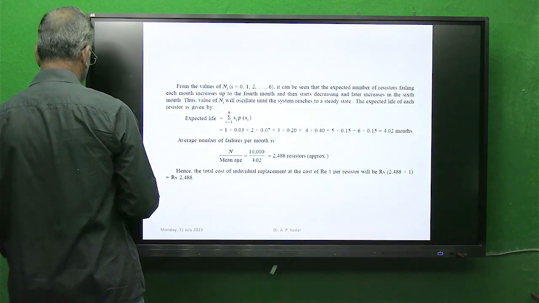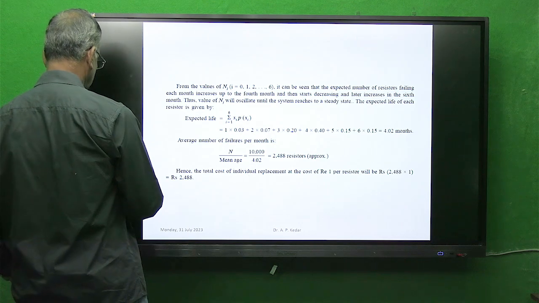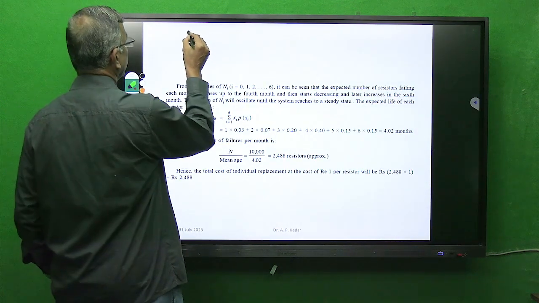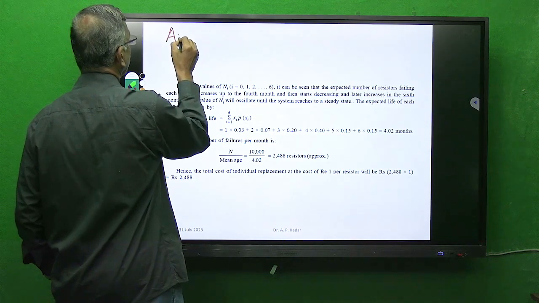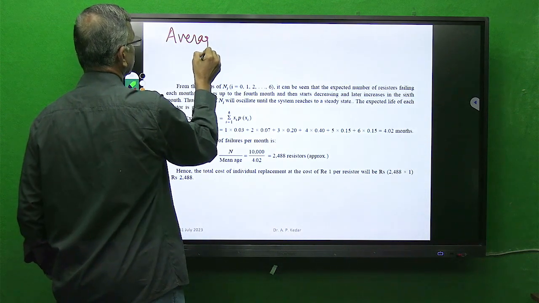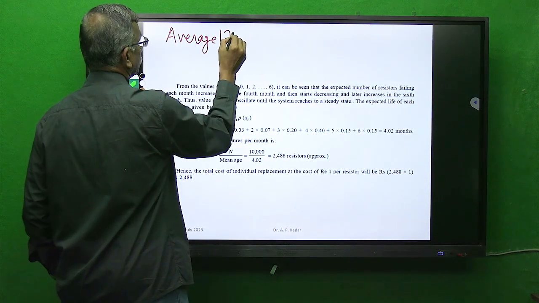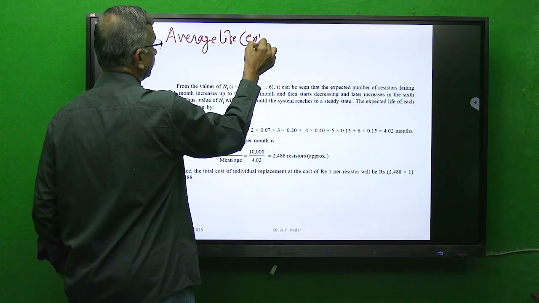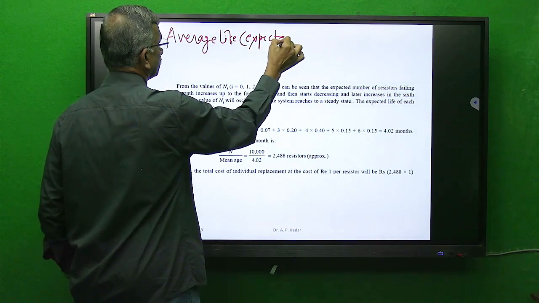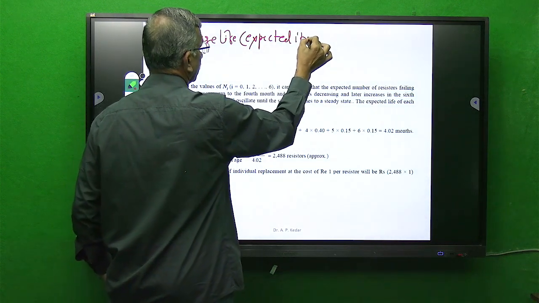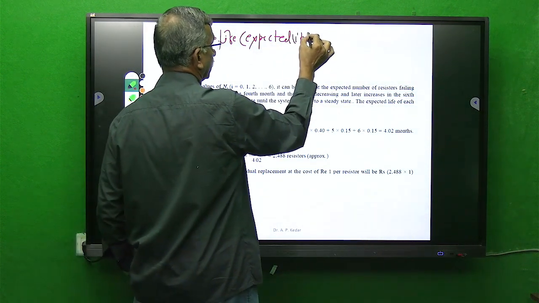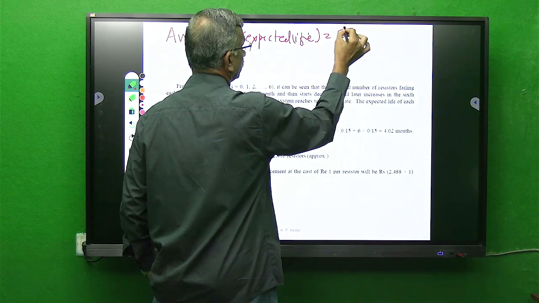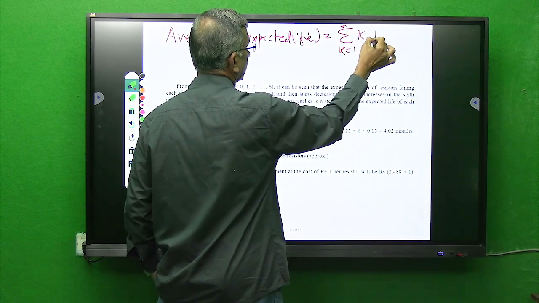So based on the logic of probability, average life, which is also called expected life by some authors, is the summation k = 1 to n of k pk.